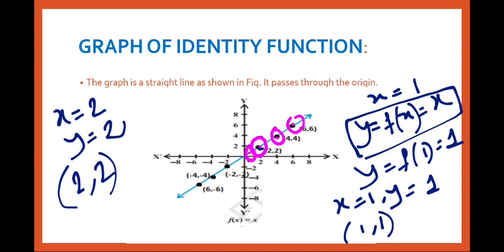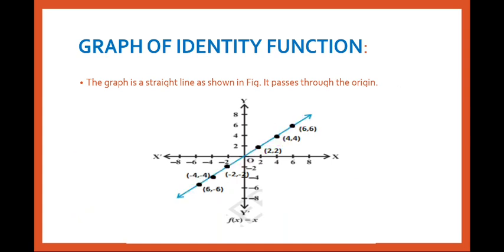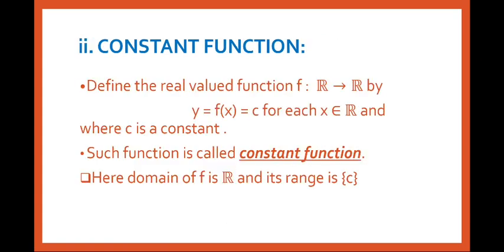Then (6, 6), (minus 2, minus 2), (minus 4, minus 4), (minus 6, minus 6). Now if you join these points, you will get this line which passes through the origin. So this blue line represents f(x) equals x, the identity function on the real numbers.